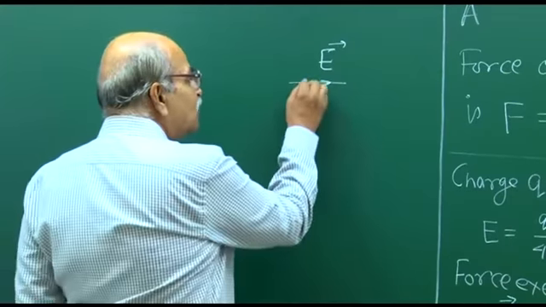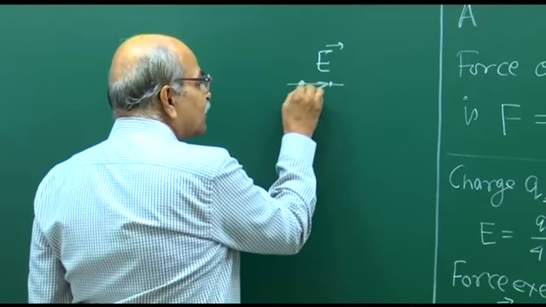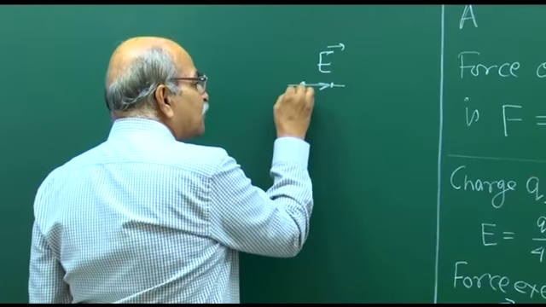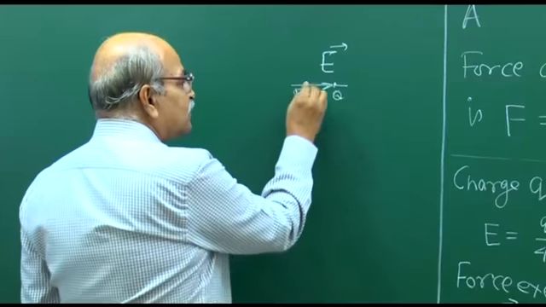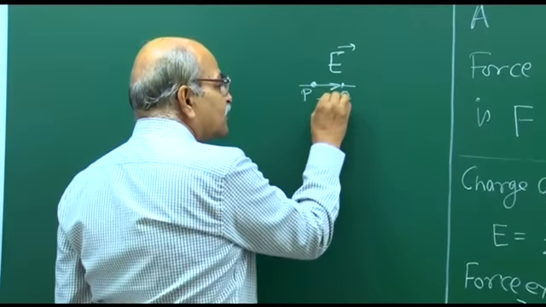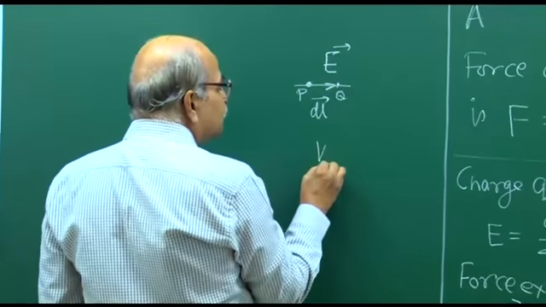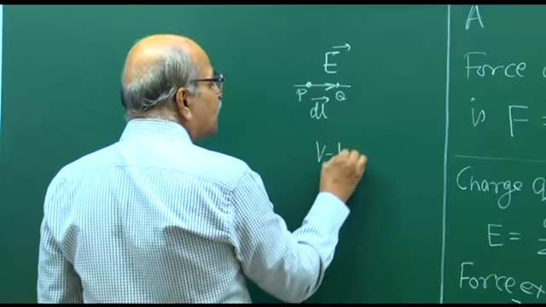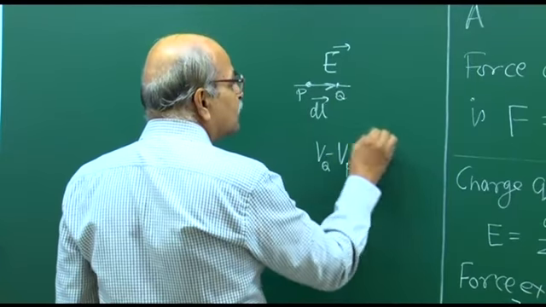Suppose this point is P and this is Q, and the separation is small, say dl, which you can treat as a vector. Then V at Q minus V at P will be minus E dot dl.